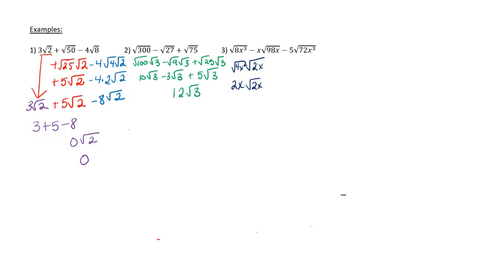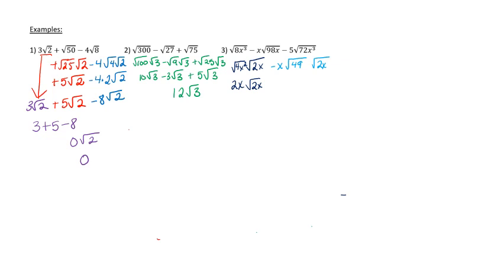All right, let's look at minus x square root of 98x. So the x is going to stay on the outside here. 98 is divisible by 49, and it goes in there twice. And then x is to the first power. So that is already small enough where it's simplified. So it's going to go here. Because remember, when you're looking at the exponents of your variables, as long as they're smaller than the index.